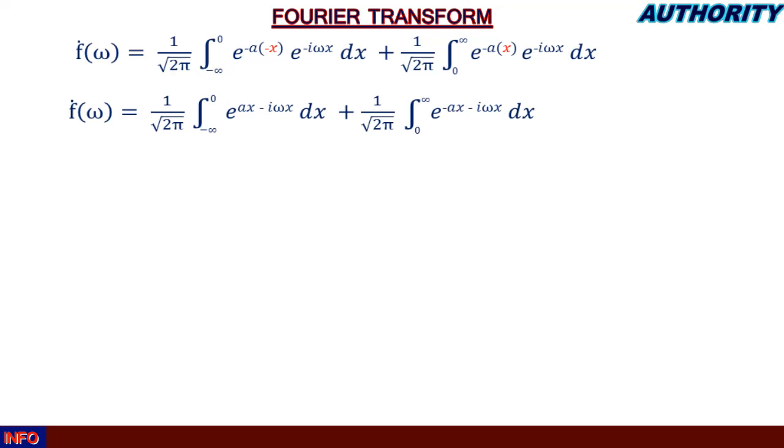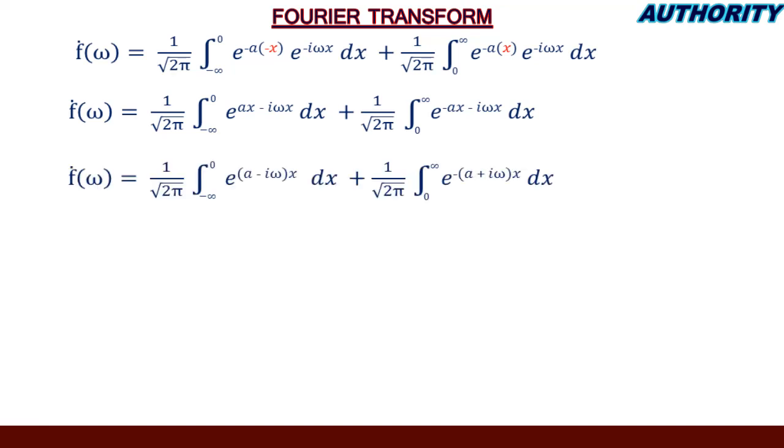Now, in this exponent, we can see that we have ax minus I omega x, right? Let's factor out x because this x is our variable. Let's factor it out in both of them.